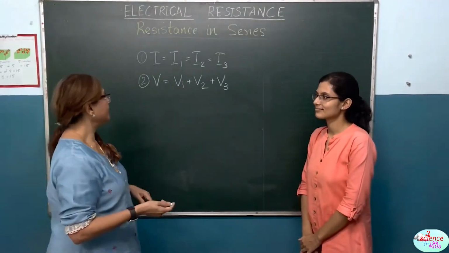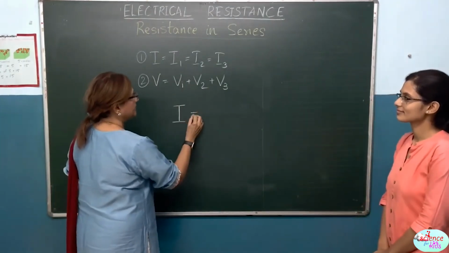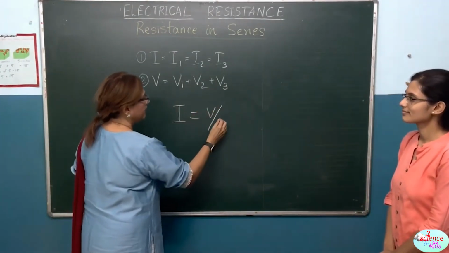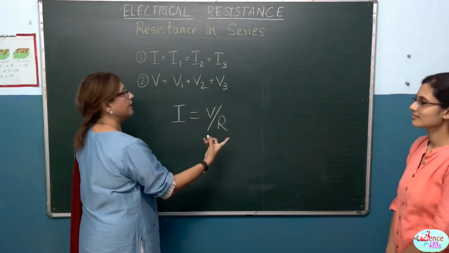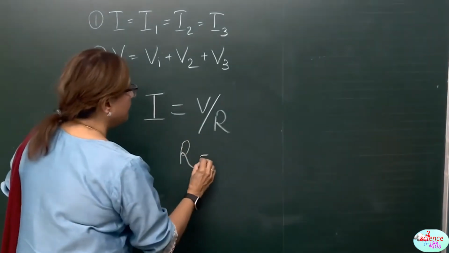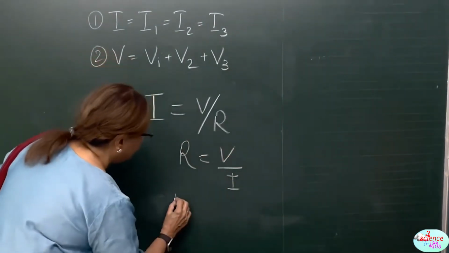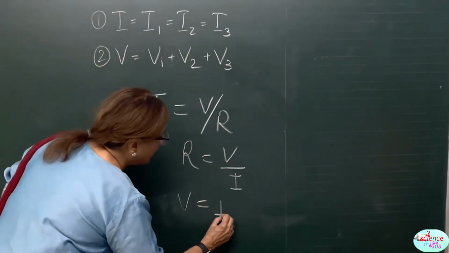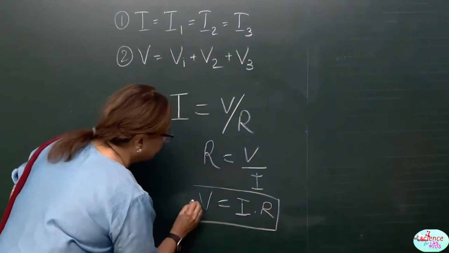That's right. So in other words, we can say that I is equal to V by R, where I is the current, V is the voltage and R is the resistance. So R will be equal to V over I, and V will be equal to I times R. So this is what Ohm's law is.